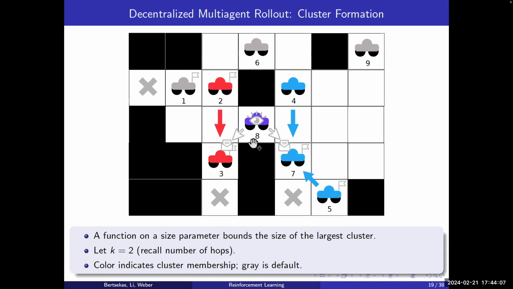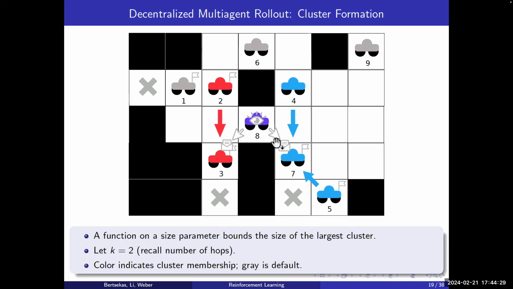But when this happens, agent 8 sees 2 different clusters in its view. Once it notices this, it's going to send out these messages, and it's going to attempt to subsume these 2 clusters into a larger cluster where 8 is the leader.